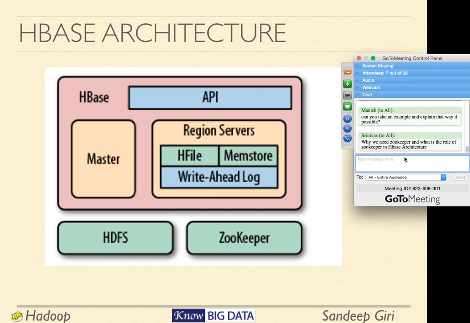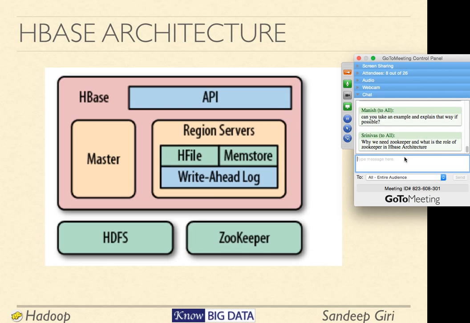The table gets created in a single region server. And as you keep adding more and more records and the table reaches a certain threshold, the table is broken into two parts. We can configure this limit, how many rows or how much data in a single region server.